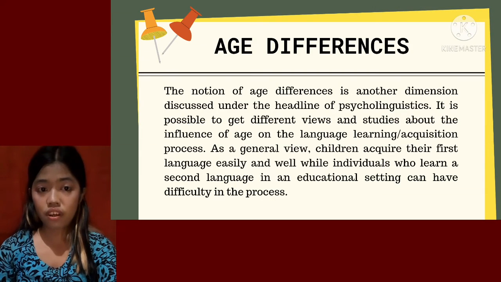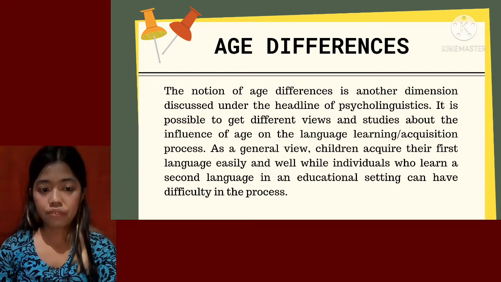Next, the notion of age difference is another dimension that's discussed under the headline of psycholinguistics. It is possible to get different views and studies about the influence of age in the language learning or acquisition process.